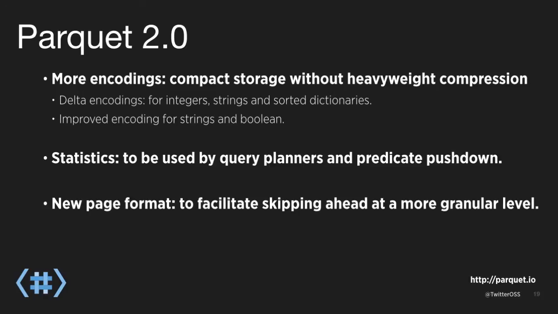We have projection pushdown that does better selection of columns, and filter pushdown, which is predicate pushdown, does more efficient filtering using the statistics, because that way we can skip entire row groups if you know no rows in there will validate your filter. We're also applying a new page format to facilitate skipping ahead at a more granular level.